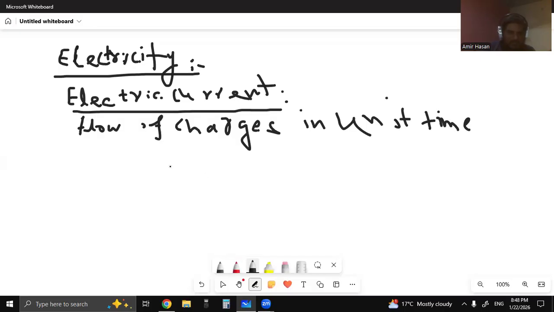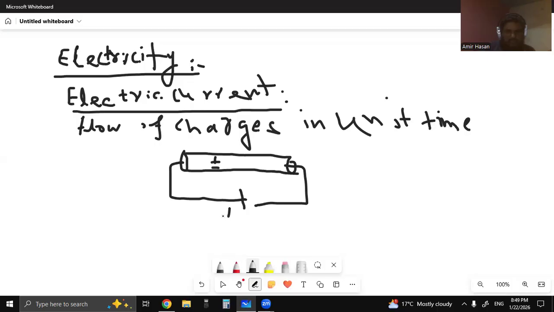Current flows in material objects like conductors. Every conductor consists of charges, positive and negative. When we apply a potential difference on the conductor, work is done on the charges.